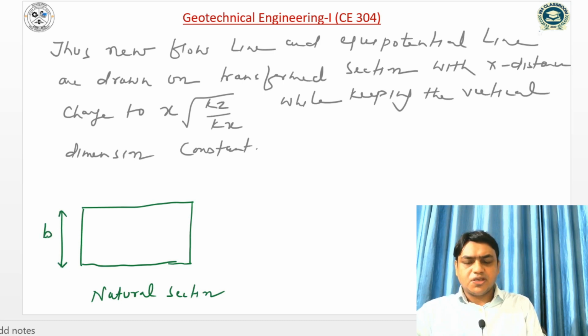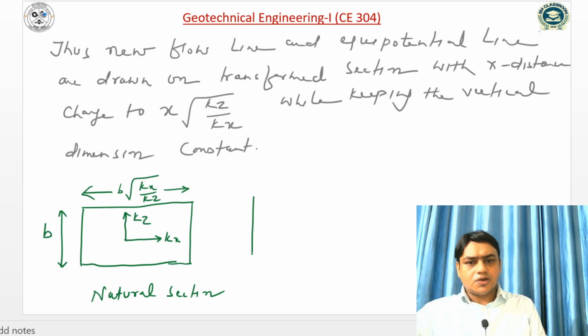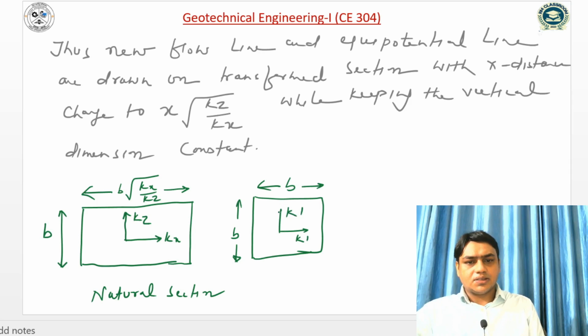Let us assume this is b, so the horizontal dimension will be b into square root of kx by kz, and the permeability in x direction is kx and in z direction it is kz. Similarly, if I draw the transformed section, the vertical dimension will have the value b, and the horizontal dimension is also b, and the permeability is k dash and k dash.